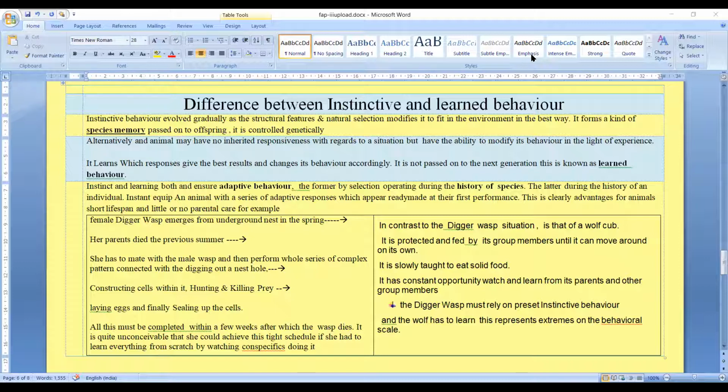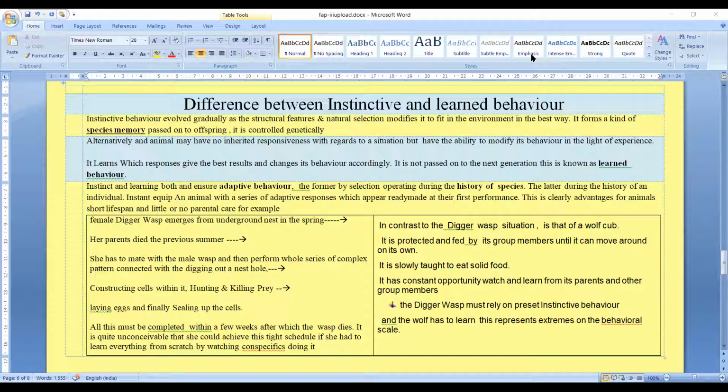So there is a basic difference between instinctive and learned behavior. Today we will see the difference between instinctive and learned behavior.